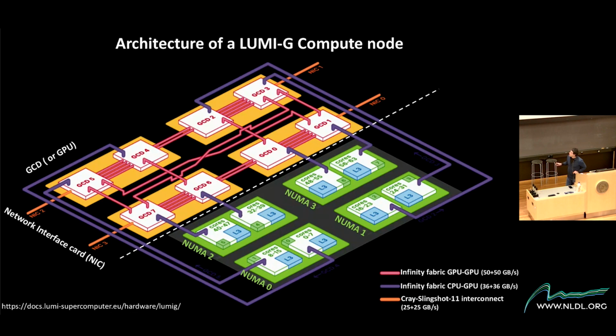Another thing is that each AMD GPU has a network interface card, so you have 4 network interface cards. There's an interesting aspect of this network interface card. The example here is GPU direct technology, which is if you want to communicate between a GPU in node 0 with a GPU in another node 1, without passing by the CPU, and then from the CPU to another CPU, and then from the CPU to the GPU, which increases the communication overhead.